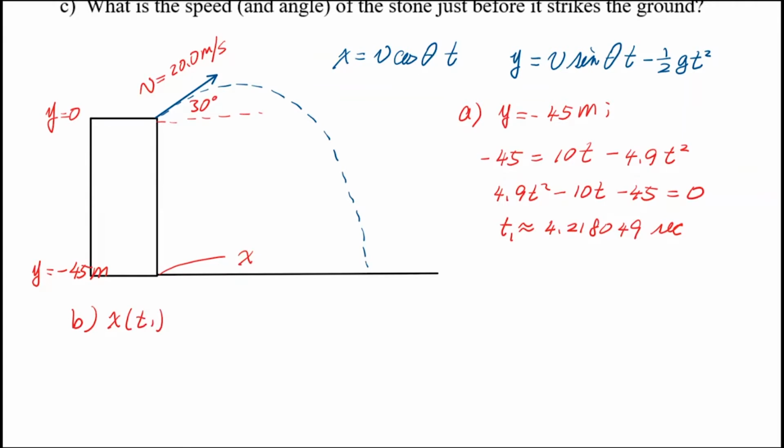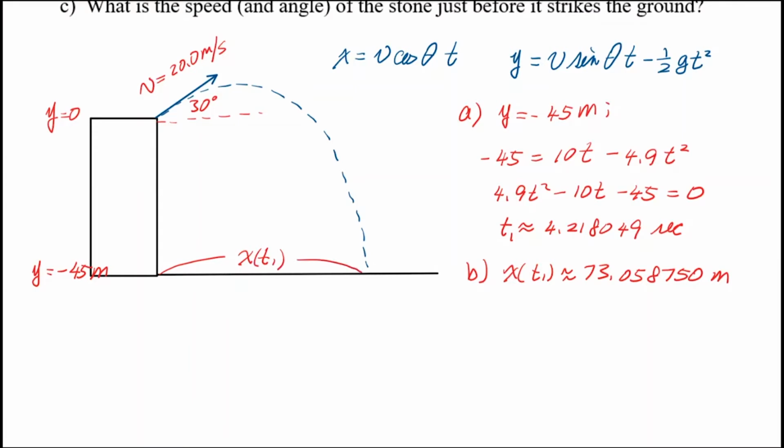So that's just substituting that back into this and punching the numbers, then you get 73.058750. You know what I'm saying? So this is x of T1.